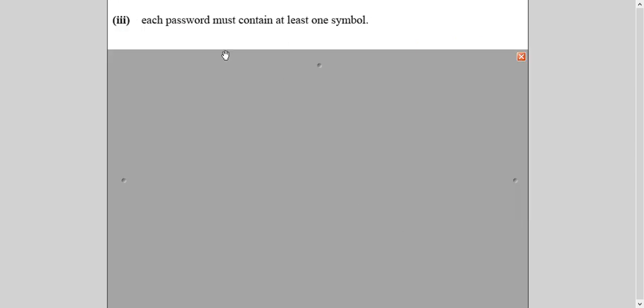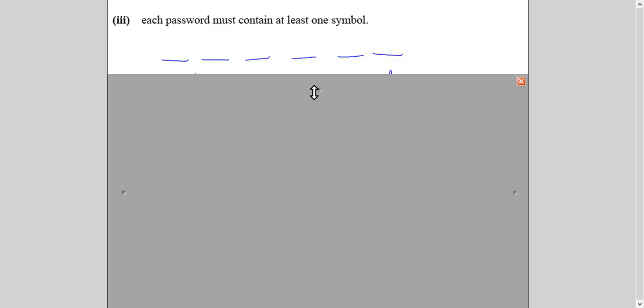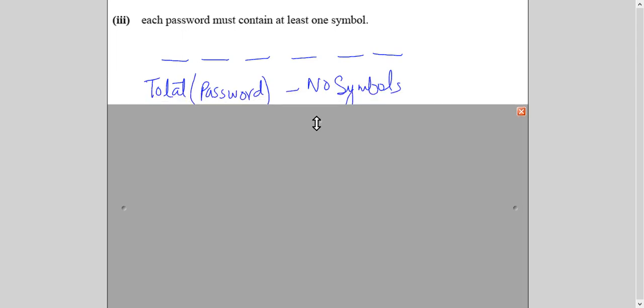Last part of this question. Each password must contain at least 1 symbol. Now again, it means I should not have any password which does not have any symbol. So the best way to handle this question is total minus no symbols.